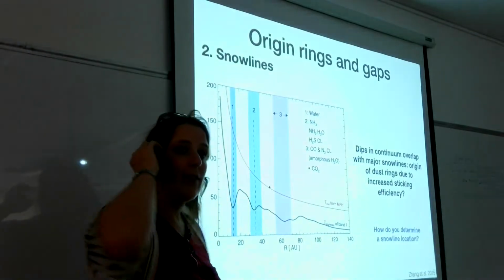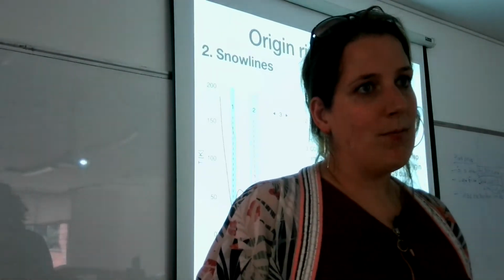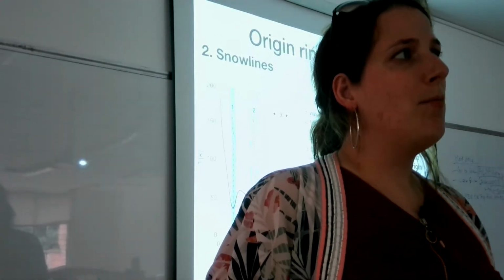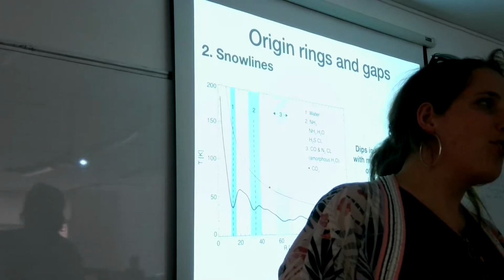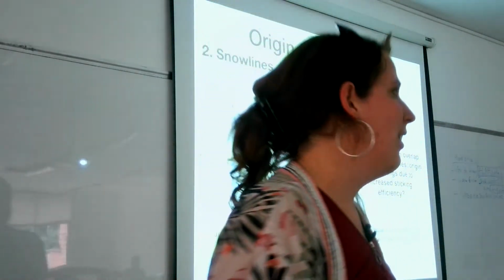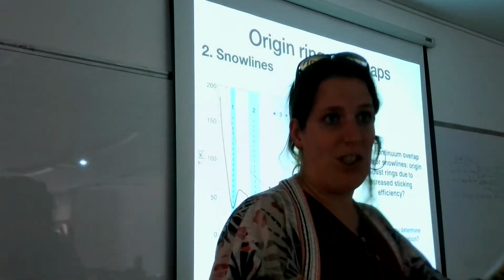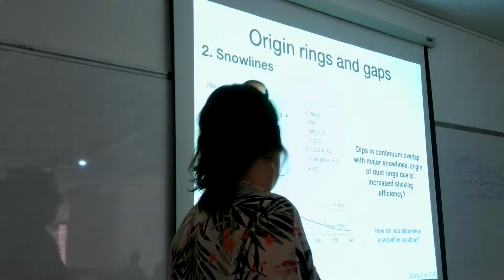This snow line can maybe create a pressure bump also, but that was not the original idea. The original idea was much simpler. It was just increased stickiness of the grains.